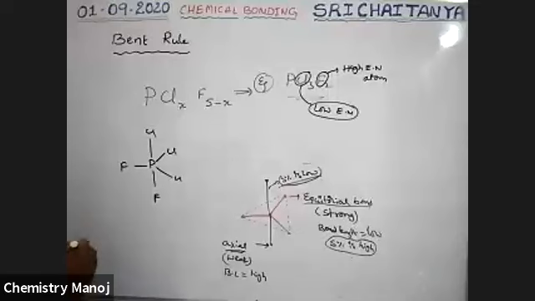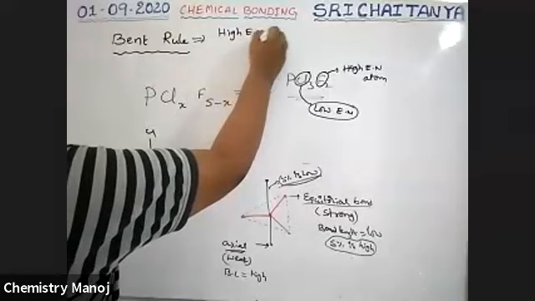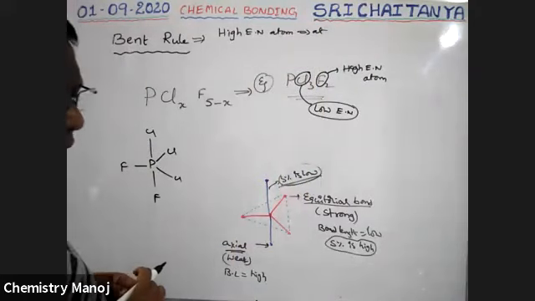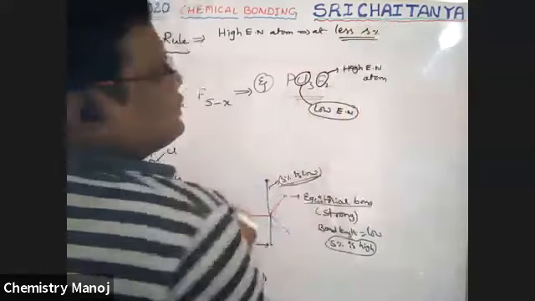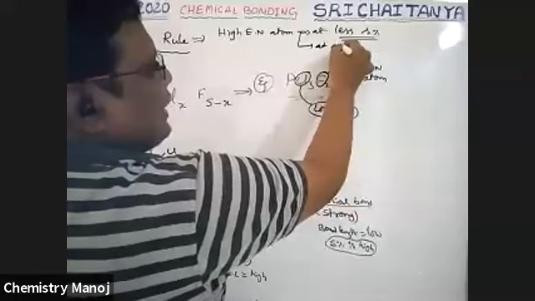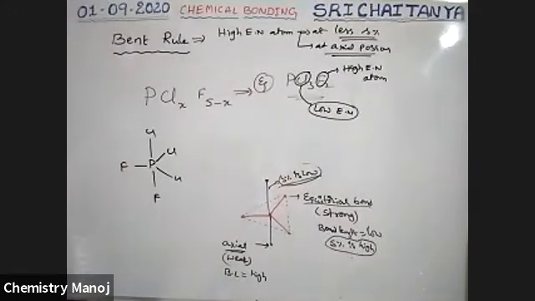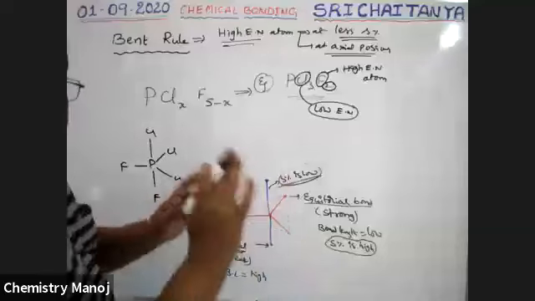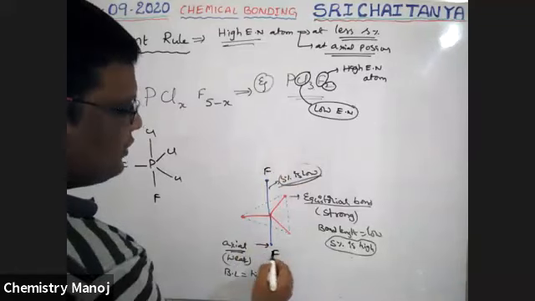But according to Bent's rule, a highly electronegative atom goes at a position of less s percentage, that is, the axial position. Fluorine is always the highly electronegative element, so these 2 fluorine atoms must be located at the axial position. That means these are the fluorine bonds, and this is the phosphorus.